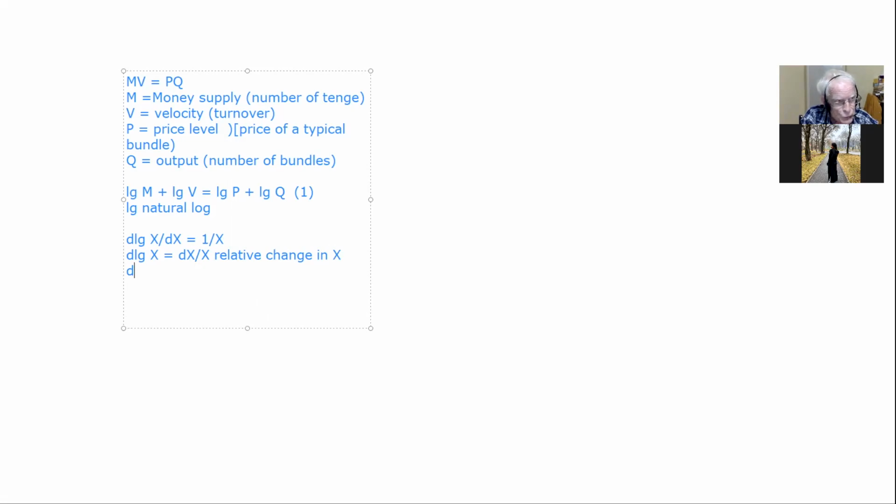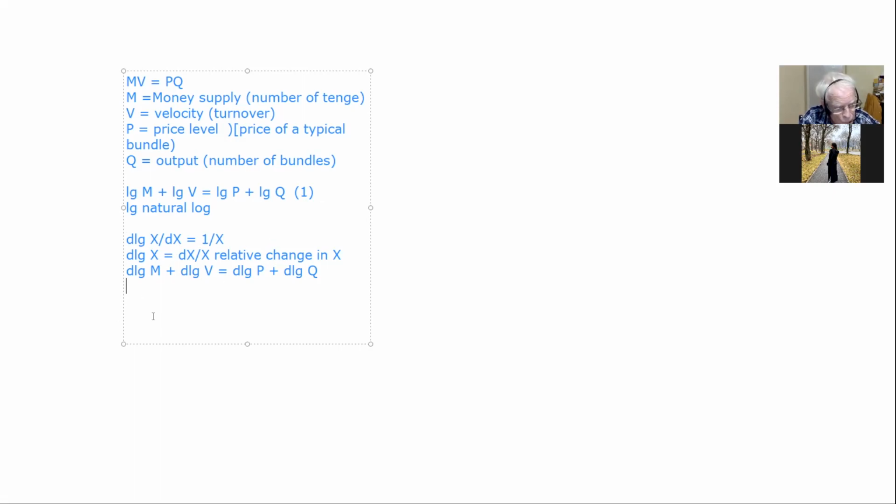We have the change in the natural log of M plus the change in the natural log of V is equal to the change in the log of P plus the change in the log of Q. But remember that the change in the natural log is equal to the relative change in that variable.